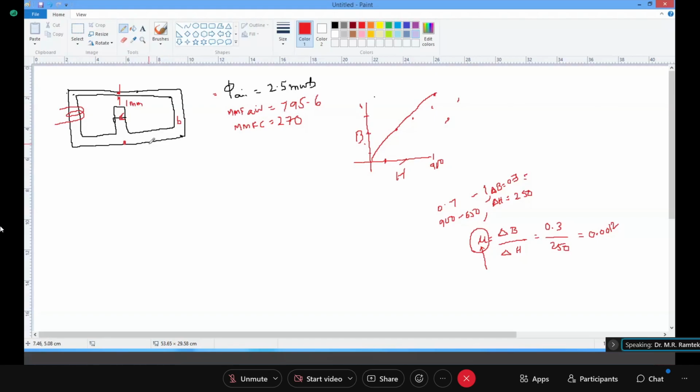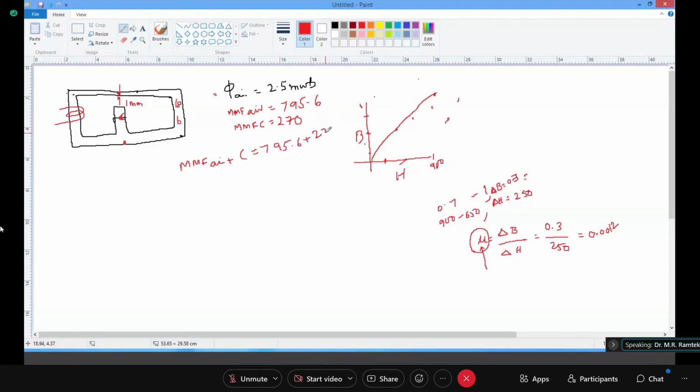This was named as B. And the MMF for this B portion will be same as MMF air plus C, which is 795.6 plus 270.